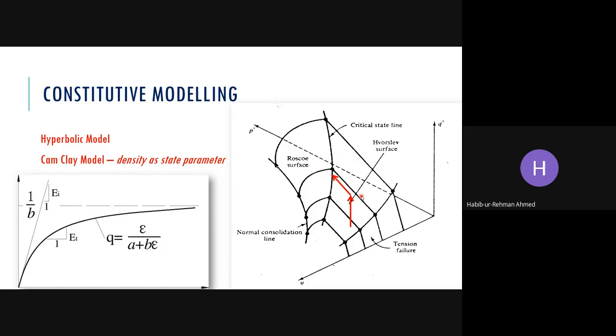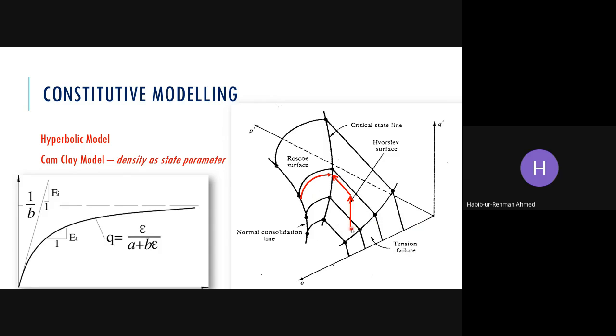Okay, and if you have a normally consolidated line, there will be no elastic part. It will start moving from this line directly. It will graze on the yield surface and it will reach over here. Okay, I think you can combine these two behaviors to understand the two real curves which I showed you before.